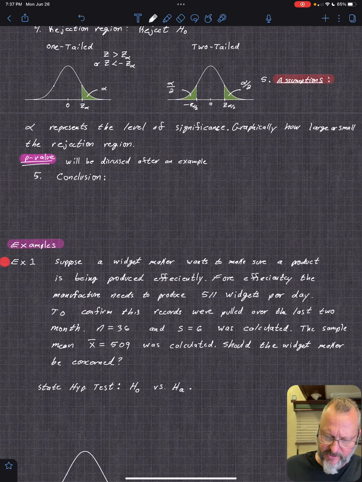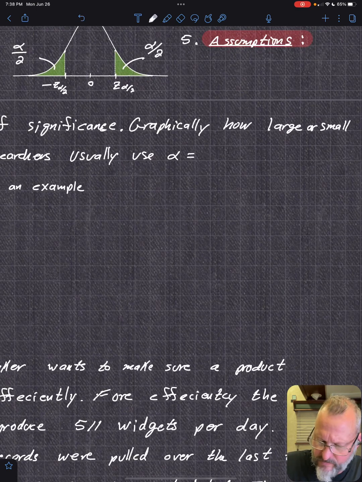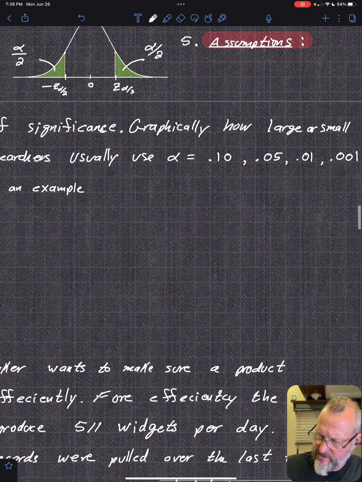All right, your conclusions. Oh, let me show you alpha first. Okay, so here's some more details I had for you. Researchers usually use alpha equal to 0.1. That would be 10%. 0.05 is pretty normal. 0.01, but can go down to 0.001 or even further depending on the situation, which I'll state in a second.